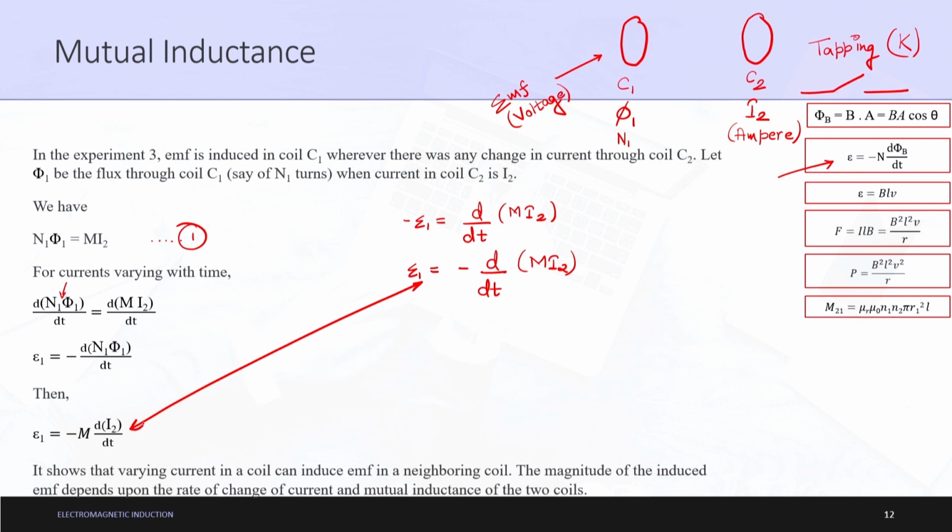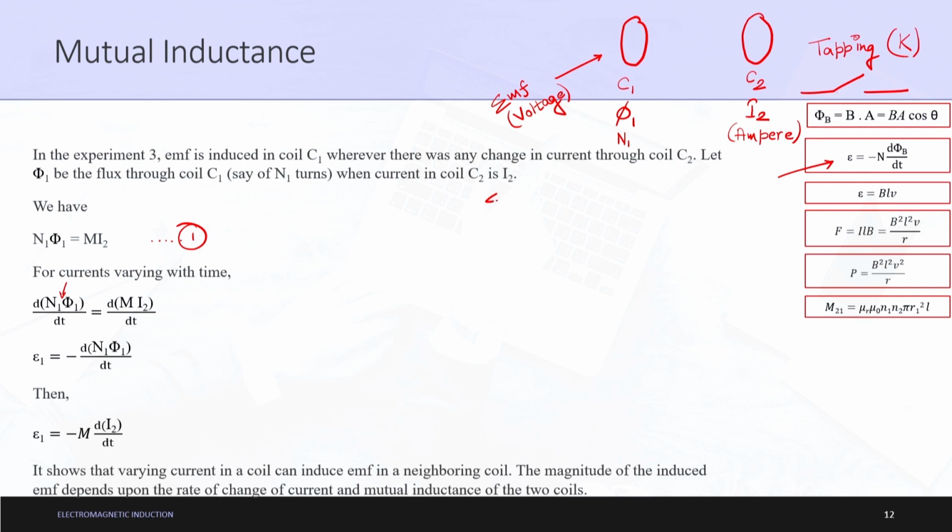So epsilon 1 is equal to minus M dI2 by dt. We found a new relation, that the induced EMF is a function of the current passing through another coil.